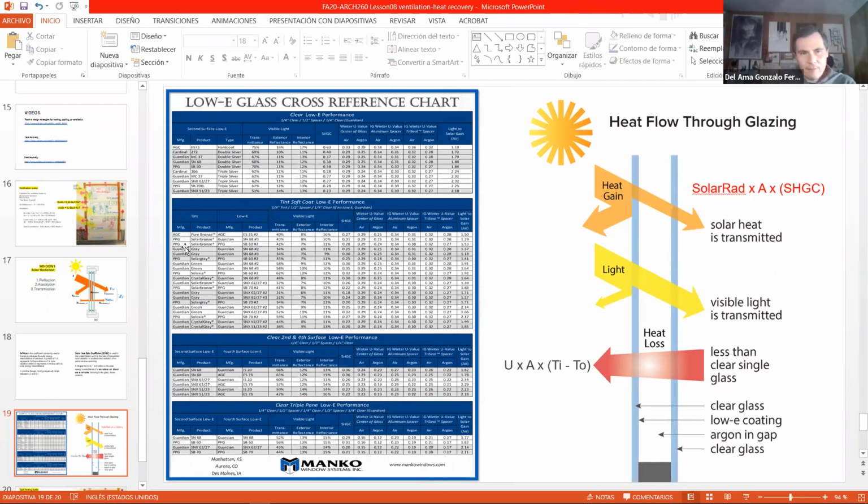Then I have loaded this chart, because when you are dealing with a glass manufacturer, you will receive this information. So I will zoom in.